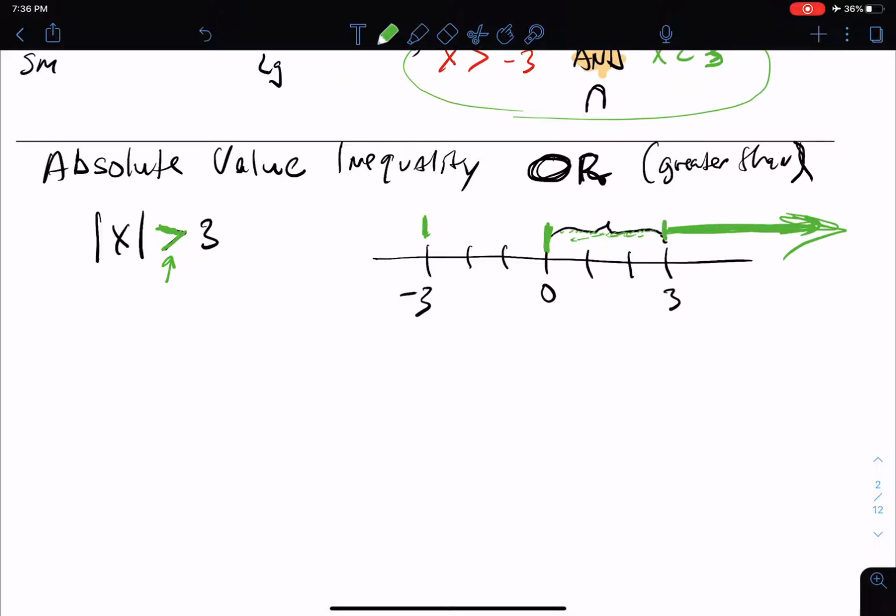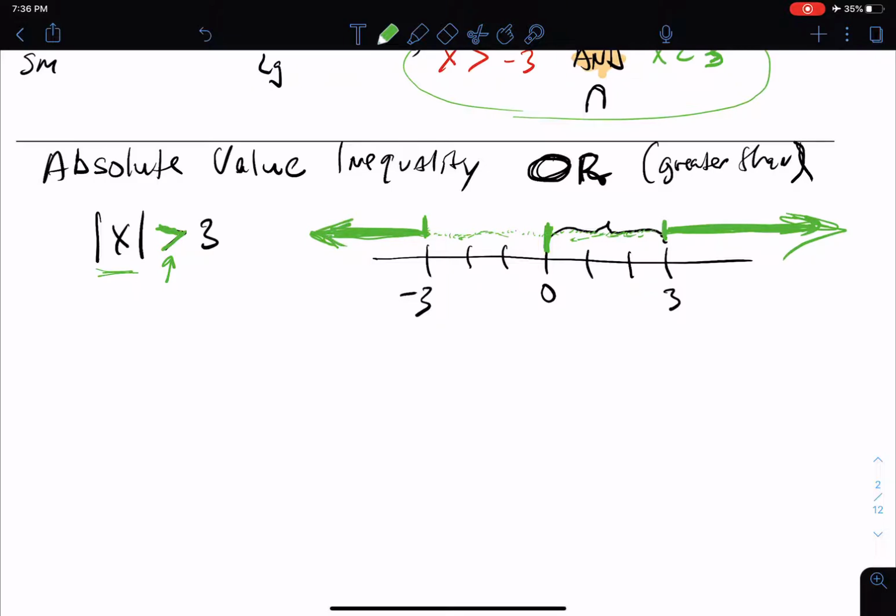We're asking what numbers have a distance that's greater than 3. Well, this is less than 3, less than 3, less than 3. I'm walking away from 0. Now I hit 3, and I've got a distance from 0 to 3 is 3. And I keep on walking. This distance is greater than the distance from 0 to 3. So greater than that distance is all this stuff out here.